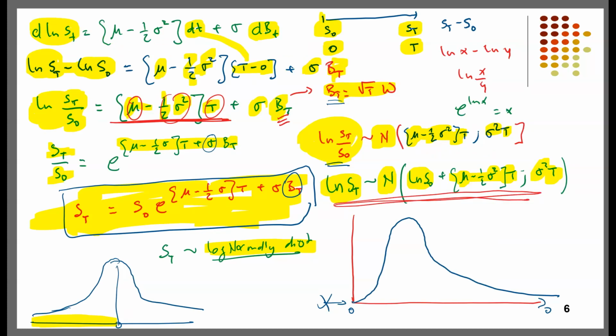We said that the log of ST follows the normal distribution with a mean of log of S0 plus mu minus 1/2 of the variance, times T, and a variance equal to sigma squared T. That means the standard deviation, which is the square root of the variance, is sigma square root of T. I think we also mentioned sigma square root of T when we talked about the binomial model, where U was raised to the exponential of sigma square root of T. That really is the standard deviation of the log normal distribution of ST.